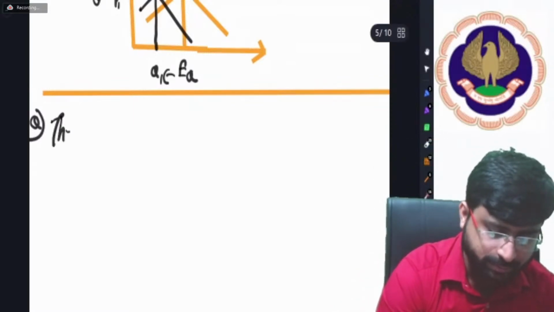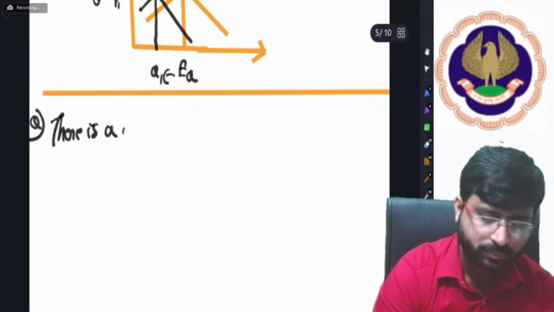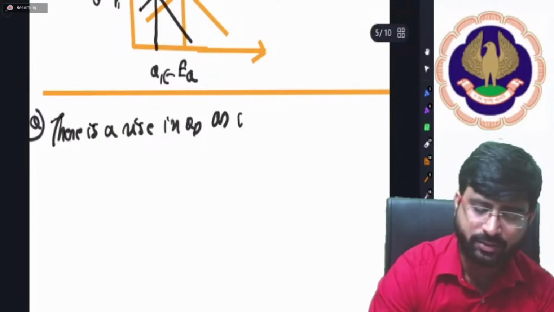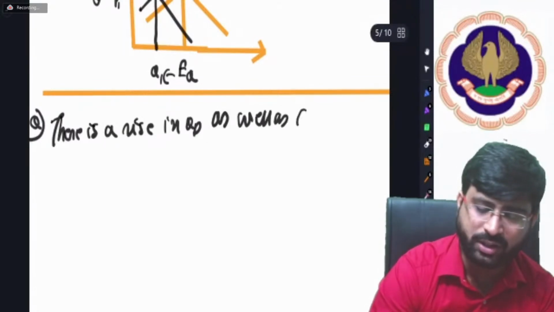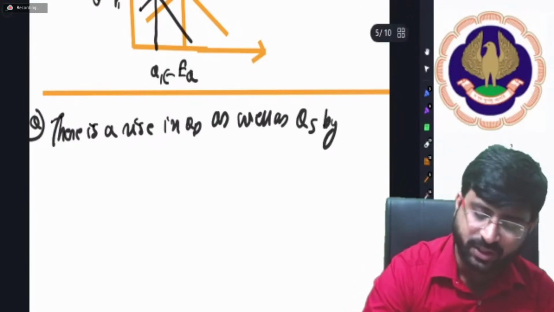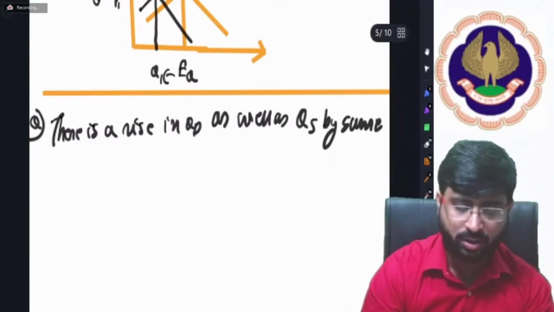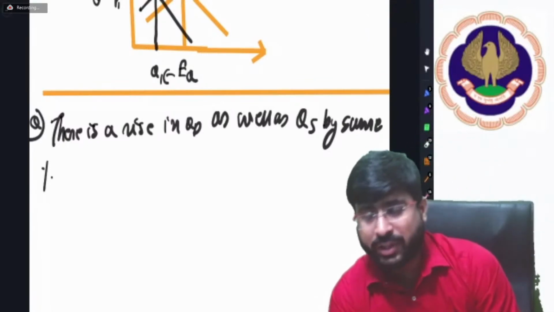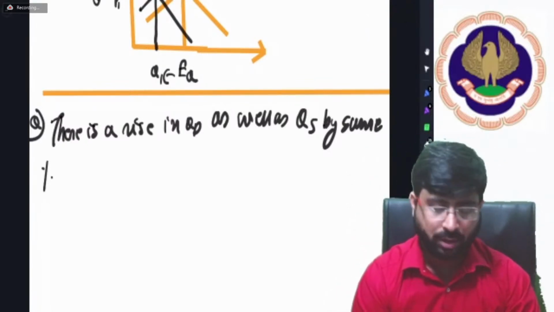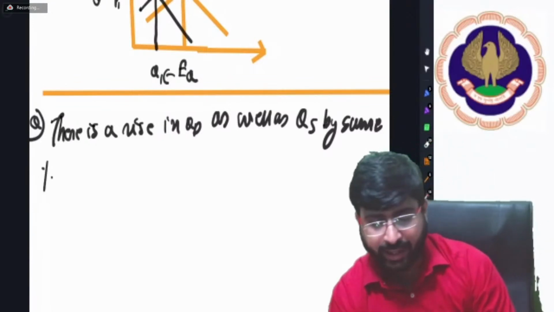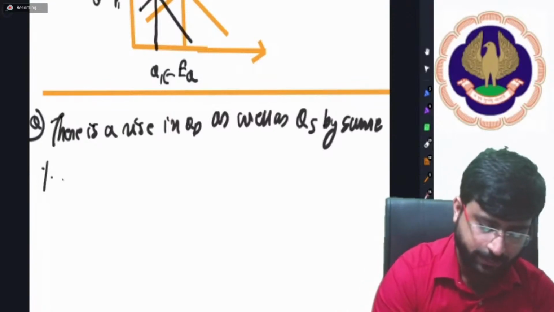There is a rise in quantity demanded as well as quantity supplied by the same percentage. Without, first of all, drawing a graph, don't be in a hurry to answer the question.